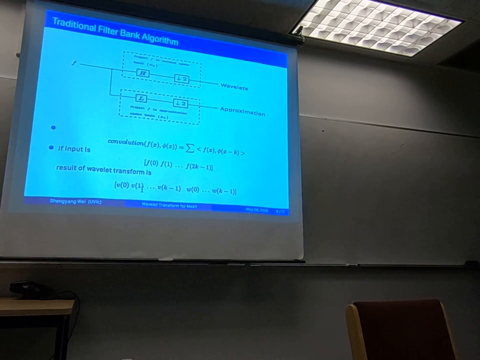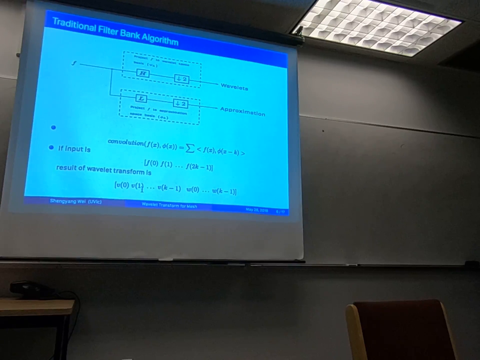So let's look at the traditional wavelet transform. The low-pass filter followed by a downsampler by two just projects the input function to the approximation space. That's the approximation coefficient. The high-pass filter followed by a downsampler by two just projects the function to the wavelet space. We call that the wavelet coefficient.